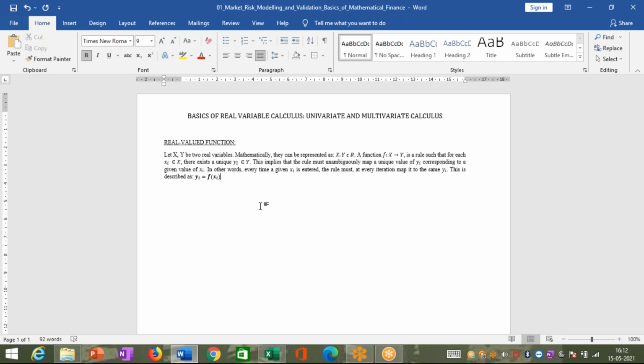So the value of yi is always determined by the values of xi. Up to this point, is it clear? Then we'll go on to the examples.